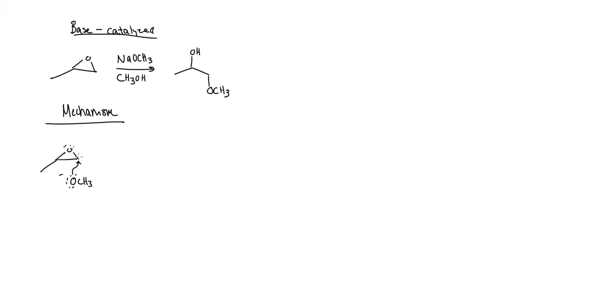It's going to attack the least substituted carbon first, and then those electrons are going to go onto the oxygen. So then what that gives me is I'm adding OCH3 here, and then here I have O minus, right? Now I have methanol in solution, so CH3OH.